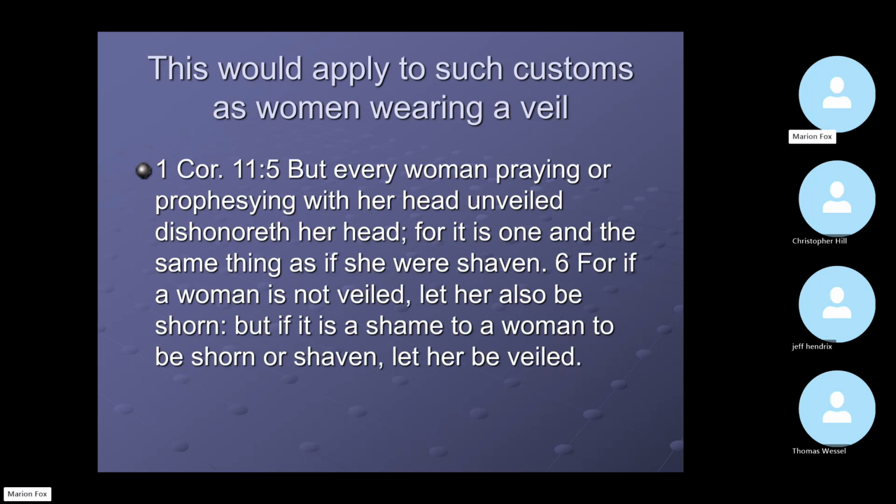So I'm convinced that right here, what we have is a free woman had a full head of hair, and a slave girl had her head shaven to distinguish her from the free woman, but she would wear a veil so the people wouldn't think she's a prostitute.